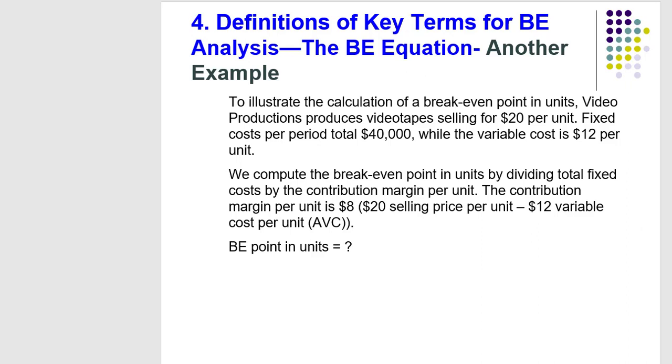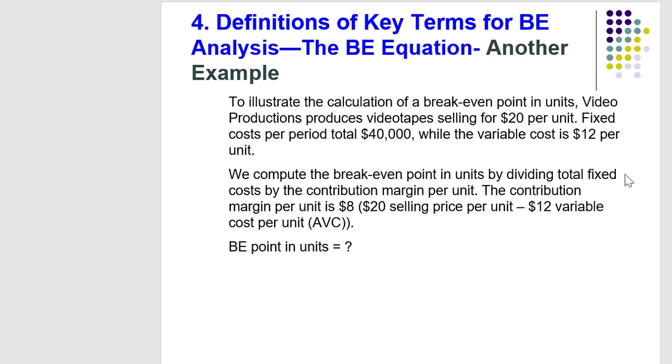So here's another example to illustrate the break-even point, and I left this as an exercise for you. Let's say this is a video production company. They produce videotapes and they sell those at $20 each. The fixed cost for production is $40,000, and the variable cost is $12 per unit. Pretty straightforward.